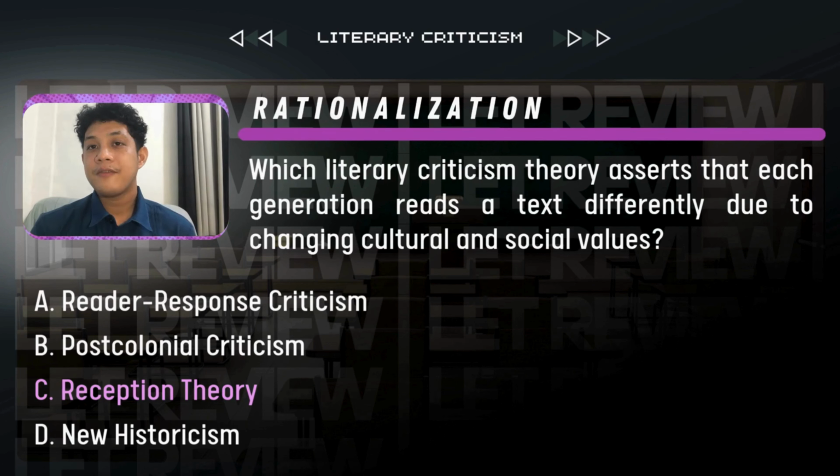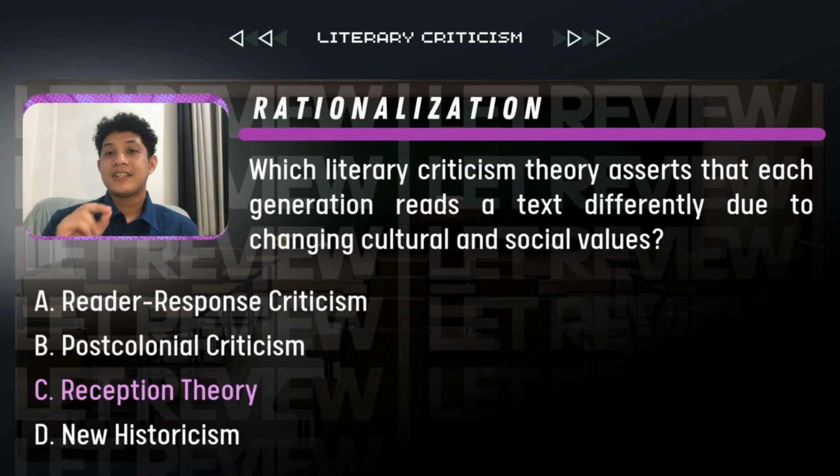Lastly, we have letter B, postcolonial criticism, which focuses on the effects of colonialism and power relations in literature, and not on generational changes in interpretation. So overall, the answer for this question is letter C, reception theory, because it defines the historical shifts in reader interpretation over time. So the answer for this question is letter C, reception theory.